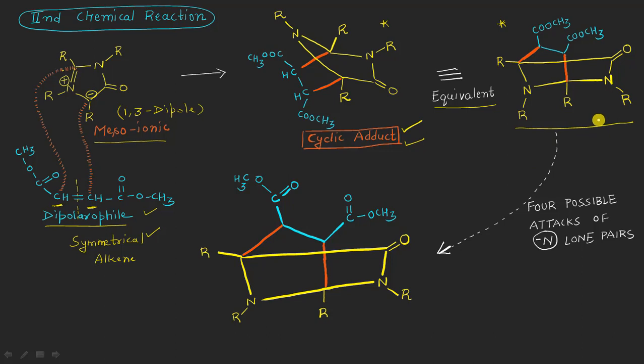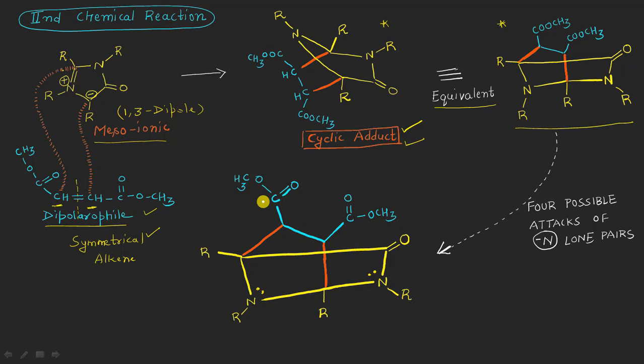And now the nitrogen atom, this nitrogen atom here, is having a lone pair of electrons. Even this nitrogen atom is also having a lone pair of electrons like this. And moreover, these two can act as the nucleophilic sites, right? And in chemistry, if we are having a nucleophilic site, the best way to proceed in any reaction is to locate the electrophilic sites, of course, right?